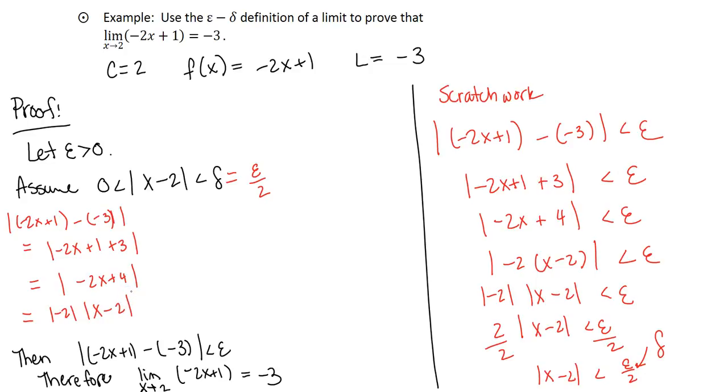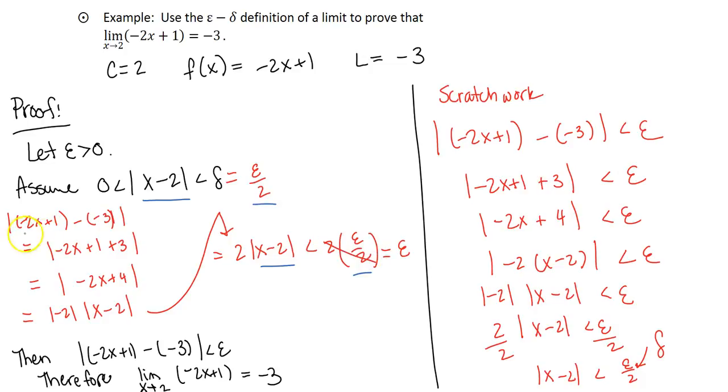You can show a little bit less detail in this side if you want to, which is equal to 2 times the absolute value of x minus 2, which is less than 2 times epsilon over 2, coming from our assumption here. We're just filling that in. And this is equal to epsilon because those cancel. So starting here, less than here, we have what we needed, and we are done. So this is an epsilon delta proof of a limit.